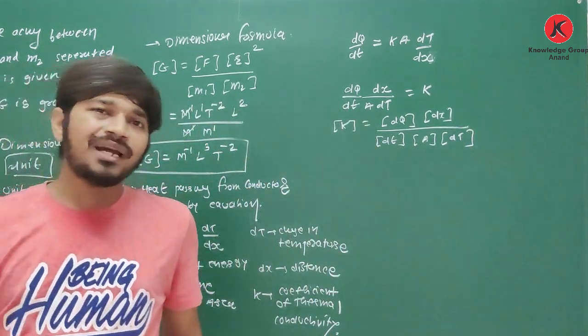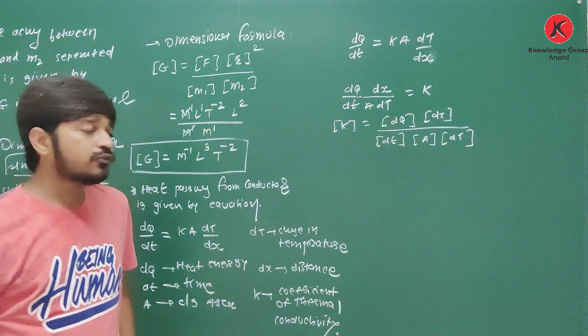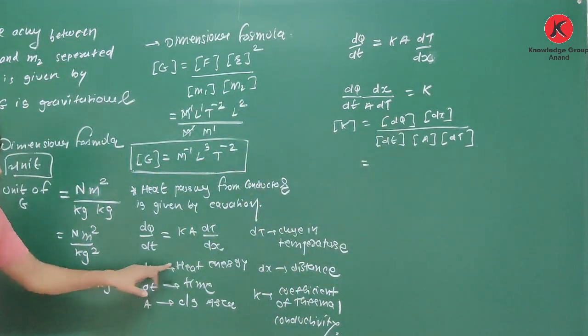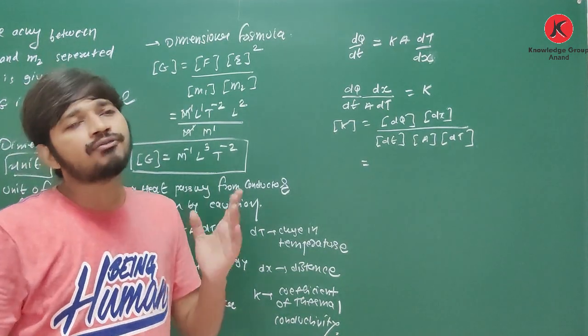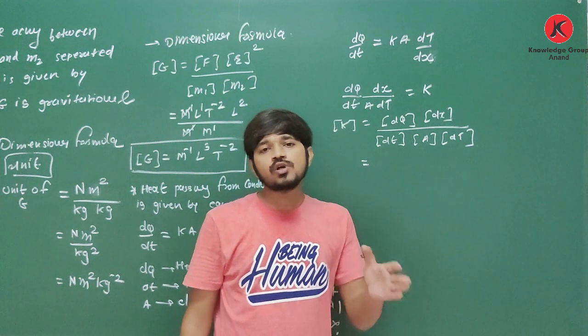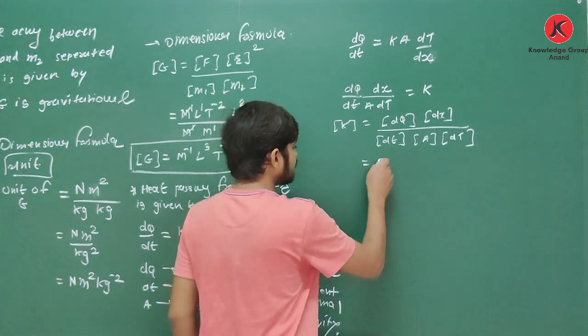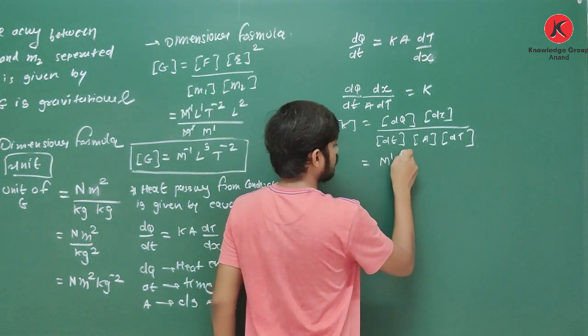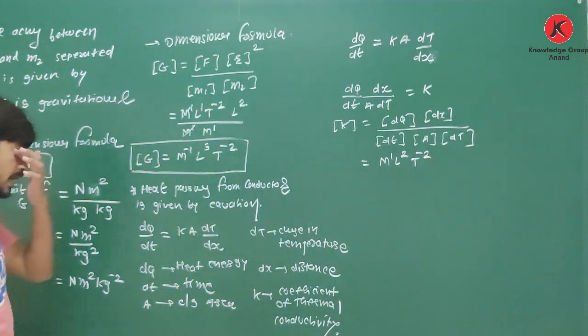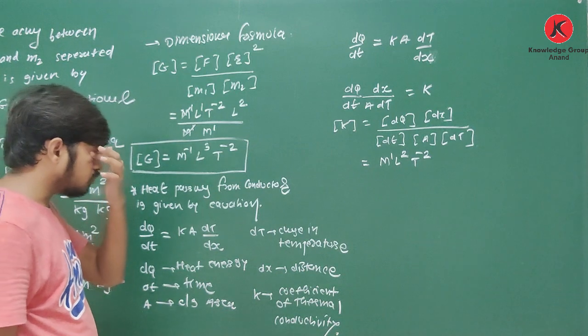Now one by one we have to put dimensional formulas for each and every quantity. dQ is heat energy, any type of energy, its dimensional formula is the same. What is the dimensional formula of heat energy? Yes, it is M L2 T minus 2.